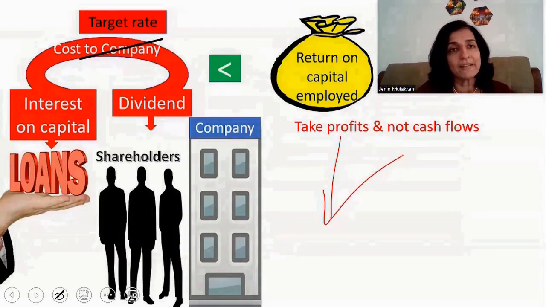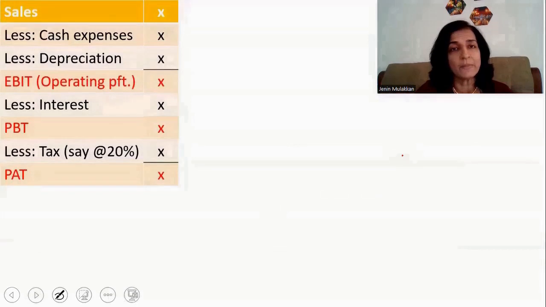So we will take a look at the pro forma income statement, or the profit and loss account. The first item, you have the sales. From the sales, you reduce the cash expenses, assuming that all expenses are in cash. And then there is one major non-cash expenditure, that is depreciation. The resulting figure is EBIT. EBIT is earnings before interest and tax.